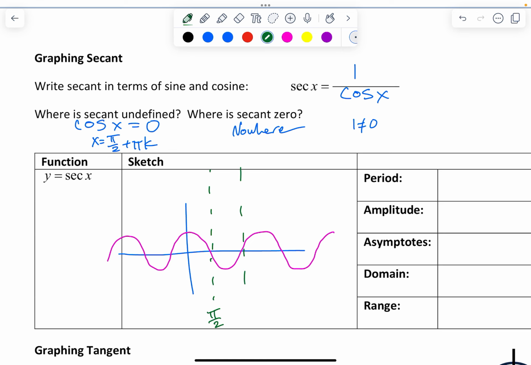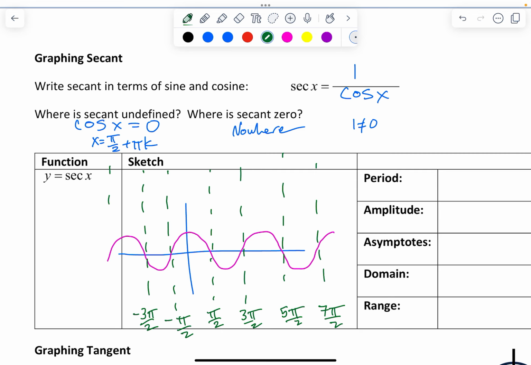The next one here is at 3 pi over 2. The next one is at 5 pi over 2. The next one is at 7 pi over 2. I'm tired of going in a positive direction. Let's make things negative. I'm just kidding. Negative 3 pi over 2. Well, anyway, I did make them negative, but I wasn't trying to be. It was funny in my head, it didn't play out.